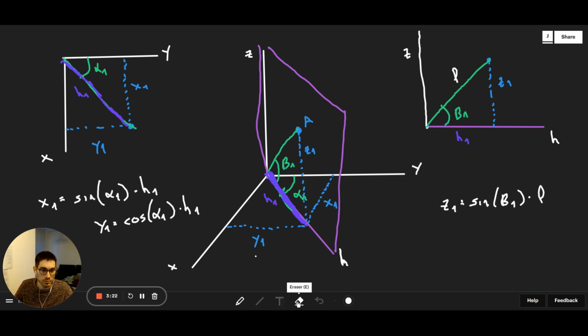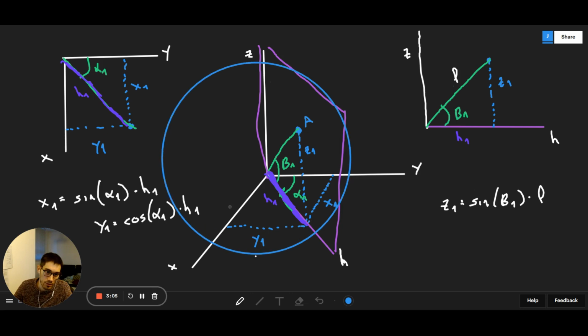Cool. So let's make one more point before moving on, and that is that this point A is located in the surface of a sphere of radius 1.